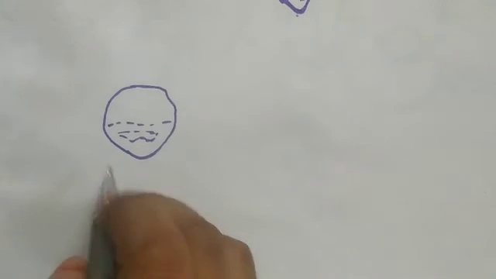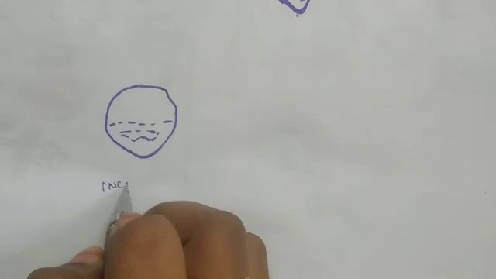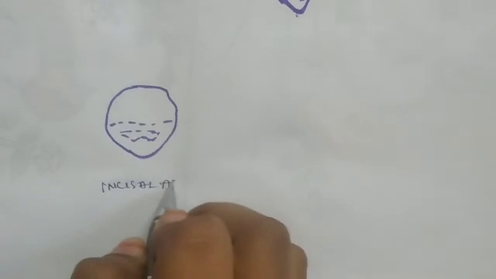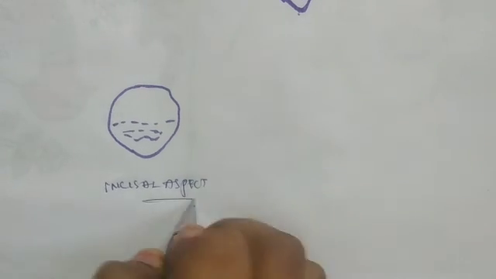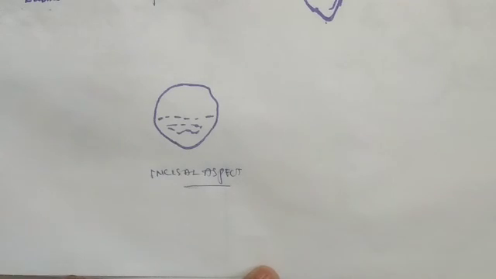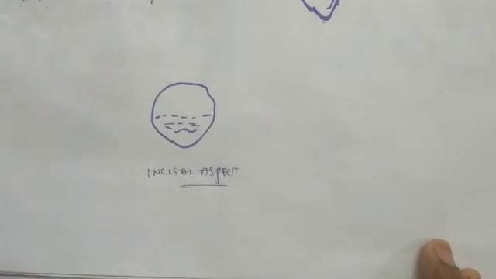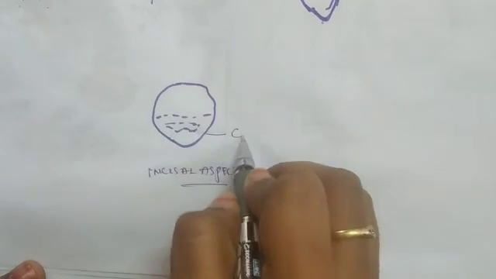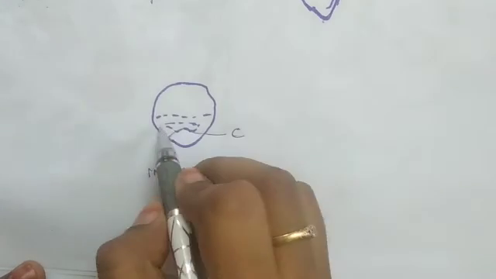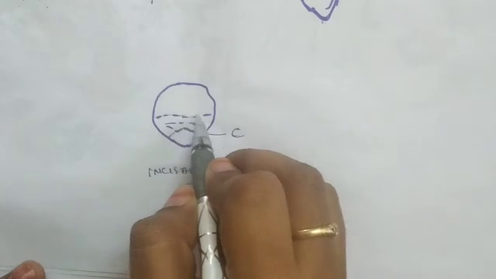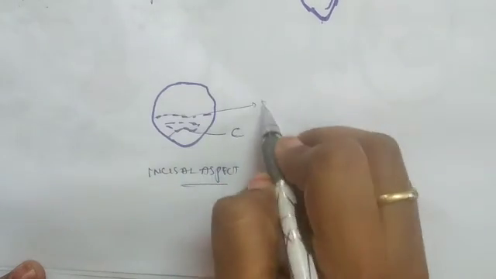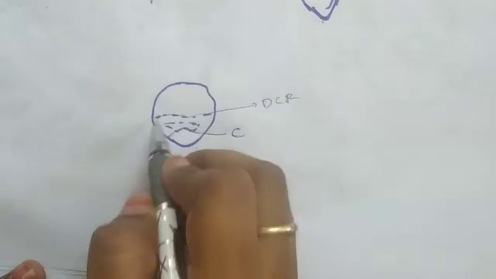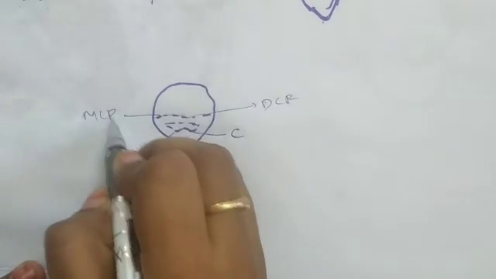Next, about the incisal aspect. From the incisal aspect, we can see a cingulum here and cusp ridges. This is the distal cusp ridge and mesial cusp ridge.